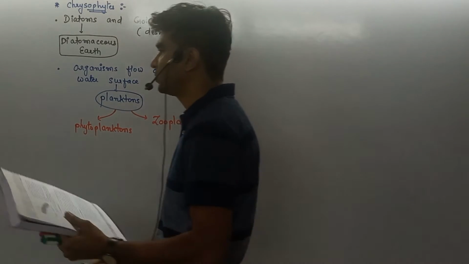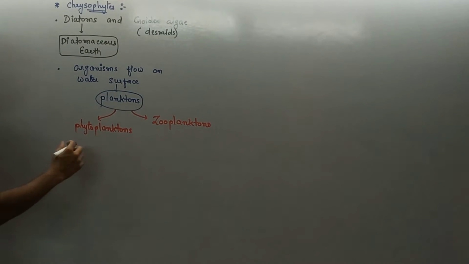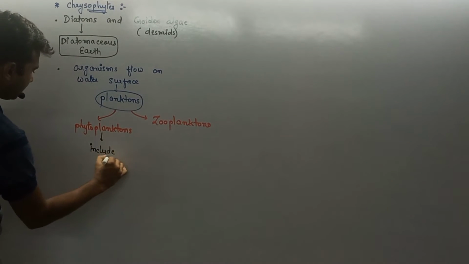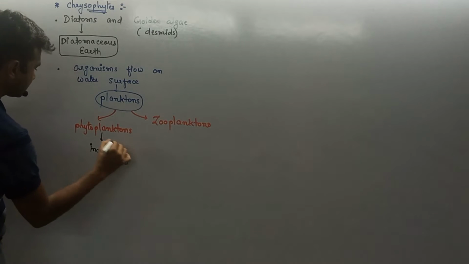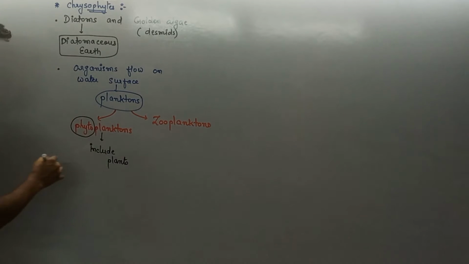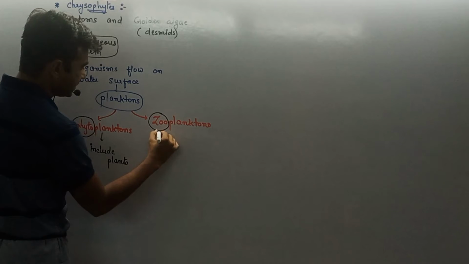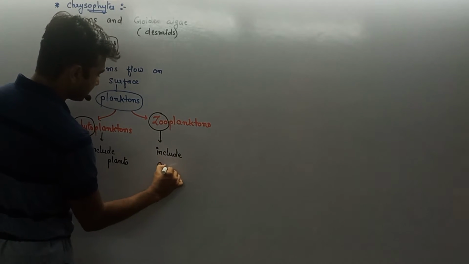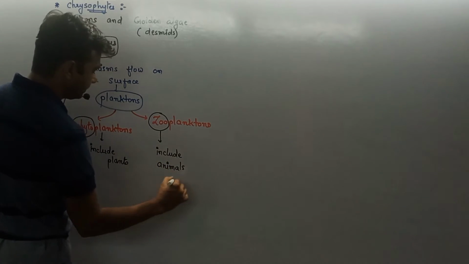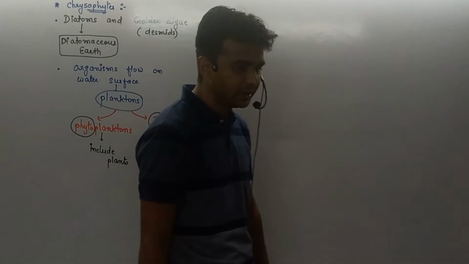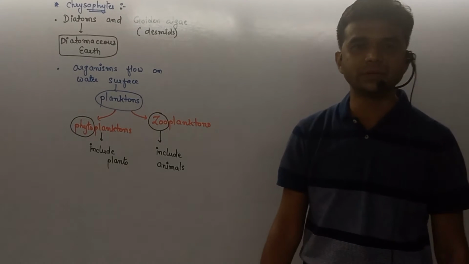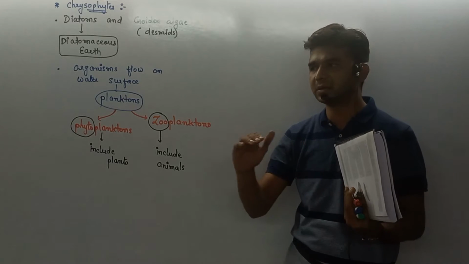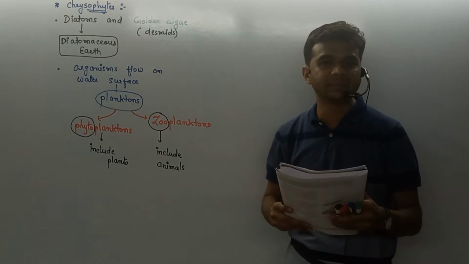So here phytoplanktons include the plants, and zooplanktons consist of animals. But remember, here the plants and animals you consider as unicellular organisms. Fine, don't consider these plants and animals belonging to the plant kingdom and animal kingdom, right?